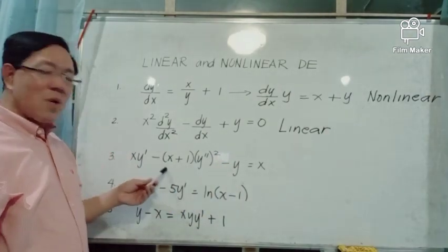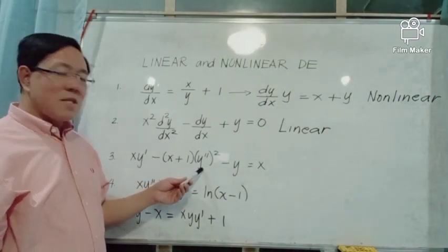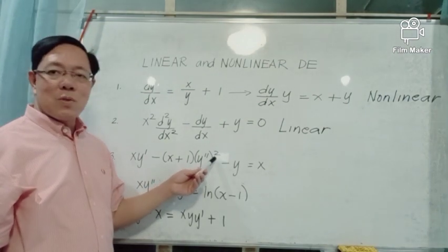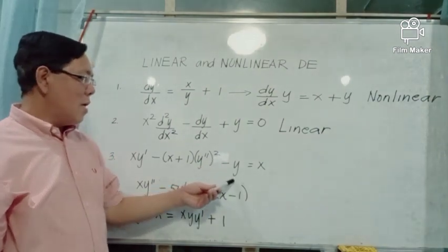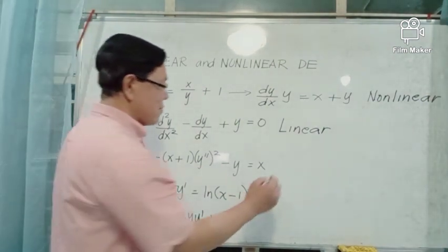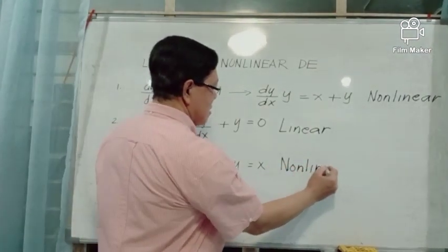And this differential equation is not linear because it contains the second derivative of y, y double prime, raised to an exponent that is more than 1, 2. Hence, this differential equation is nonlinear.